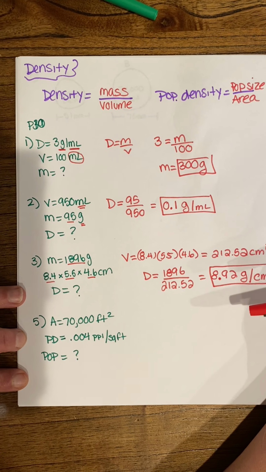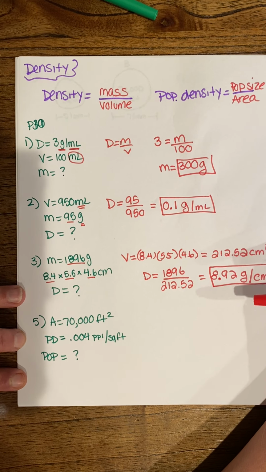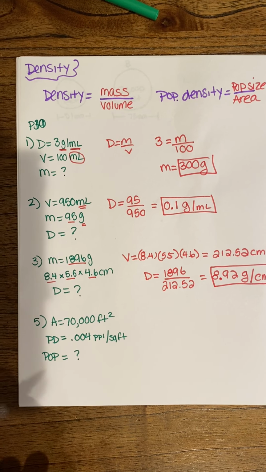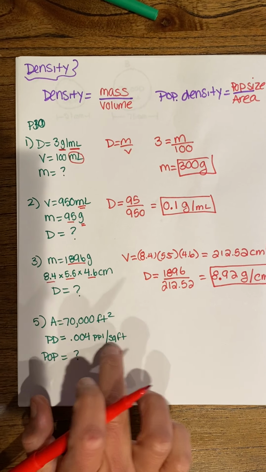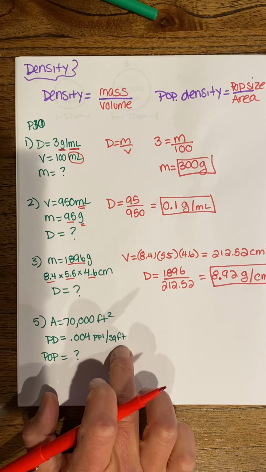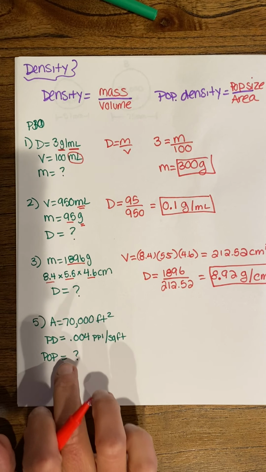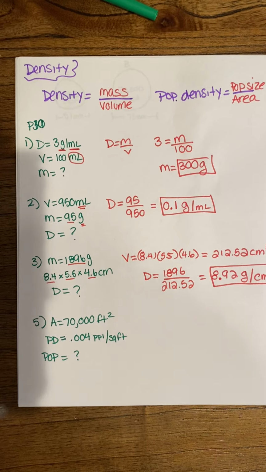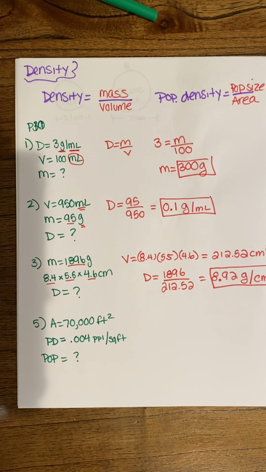All right, as far as the population density ones go, okay? Number 5 gives us the area that it's in, and it gives us the population density in people per square foot. So this is a problem with people, and they want to ask us what the actual population of the people is, okay?